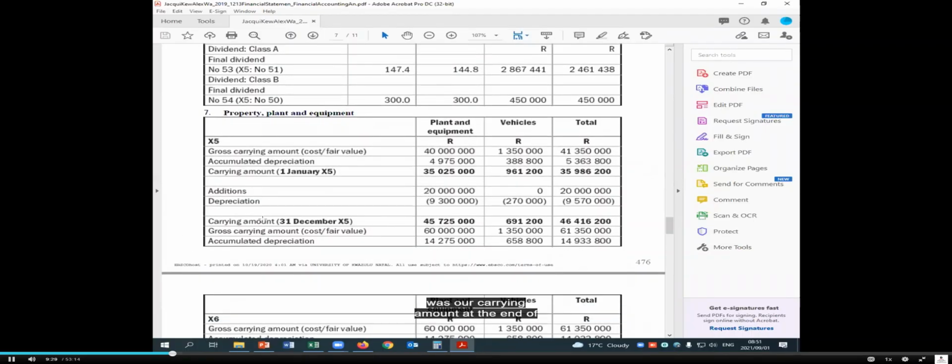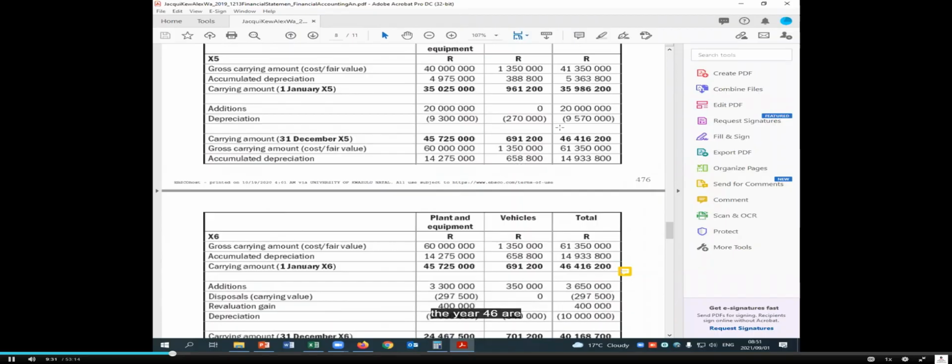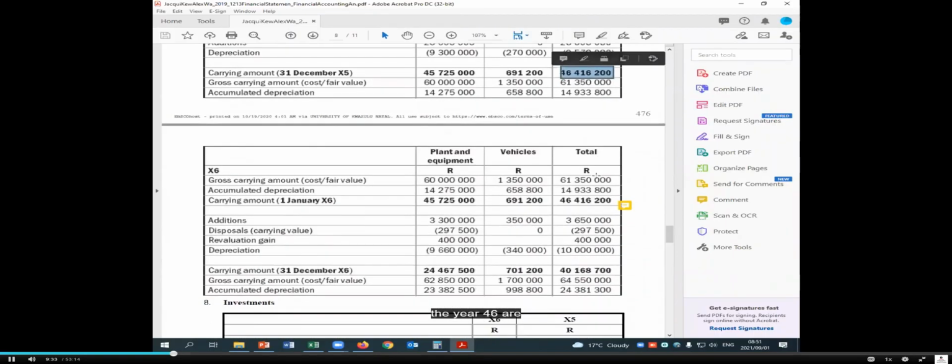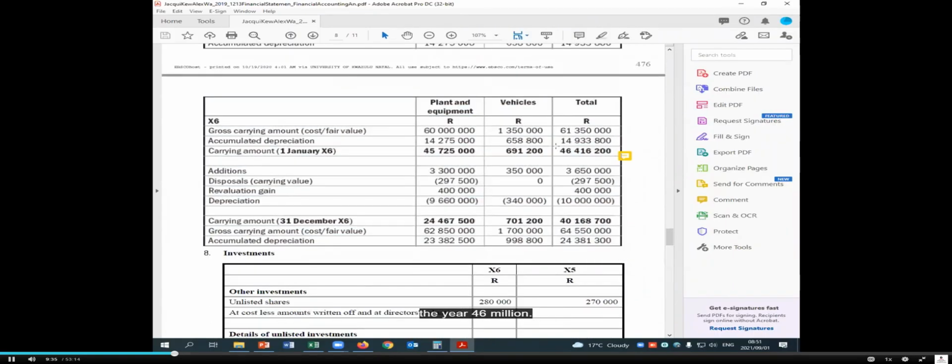What was our carrying amount at the beginning of the year? 46 million. What were the movements during the year? We had additions, we had disposals, we had a revaluation, we had depreciation. And then we had our closing balance of 40 million.